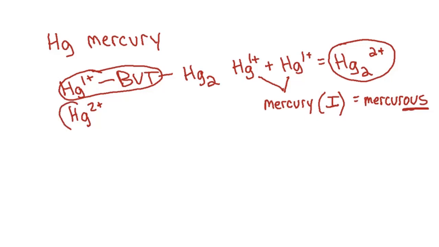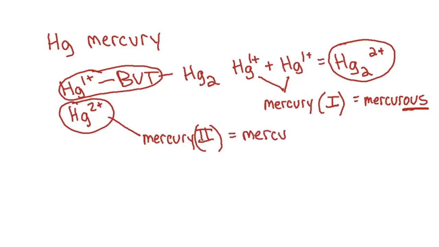Now also, we have a mercury that just naturally by itself has a 2 charge to it. So we're going to call that mercury 2 with Roman numerals in parentheses after it. And that, of course, is going to be referred to as mercuric because that has more of a charge. That has 2 positive charges for each mercury, whereas the top one here has 1 positive charge for each mercury. It just comes in a set of 2.